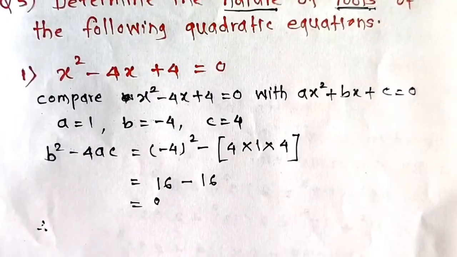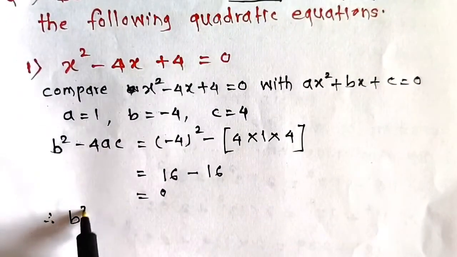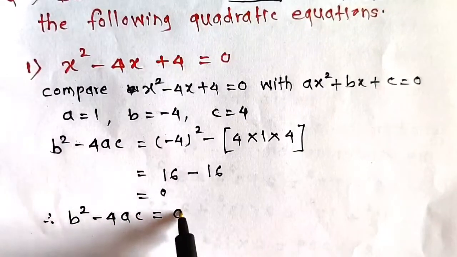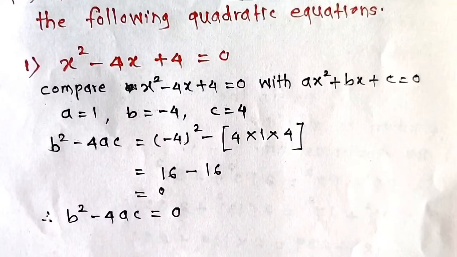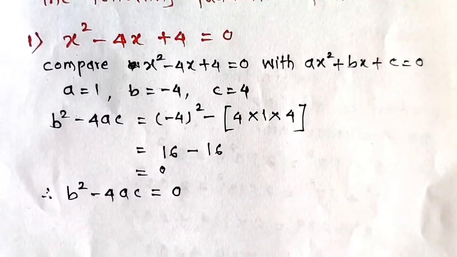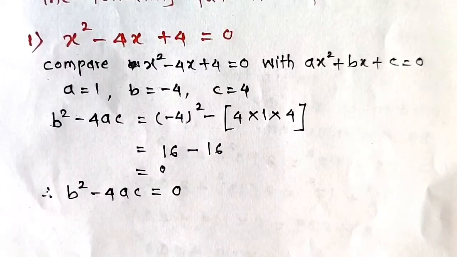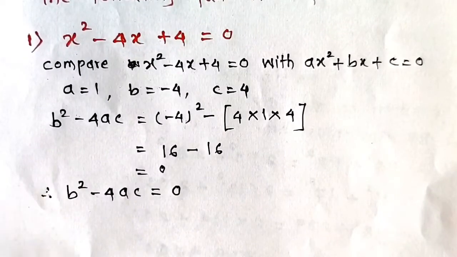Therefore what is our conclusion? The value of b square minus 4ac is 0. Now you know, whenever b square minus 4ac is 0, what is the nature of the roots? Roots are real and equal.